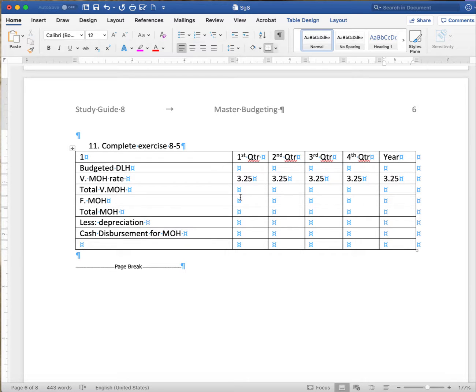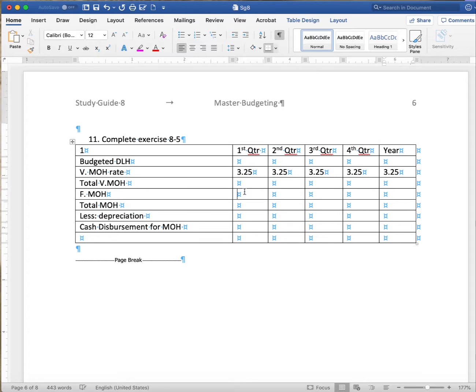They tell us that fixed manufacturing overhead is $48,000 per quarter. Guess what? I'm plugging that in: 48,000 for each quarter.